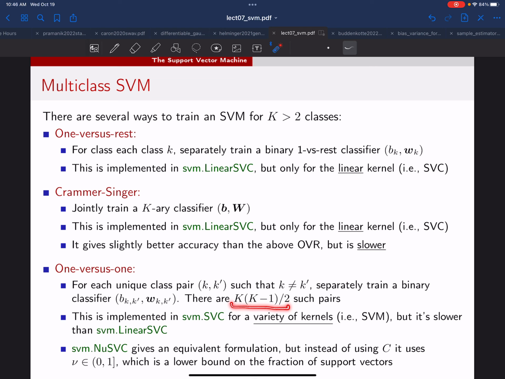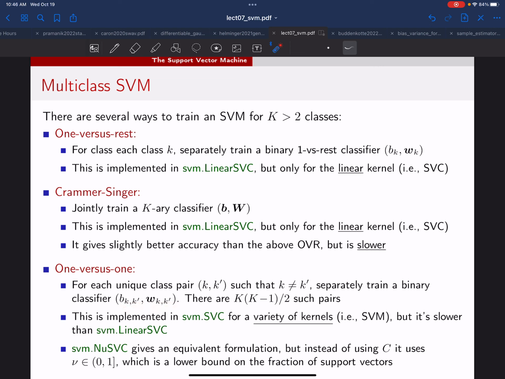It sounds like more work, but it turns out that the size of the data, when you consider only a pair of classes, is smaller. For the SVC, the complexity basically grows with the number of training samples squared. Since you have a lot fewer training samples when you work with 2 classes rather than all 10 classes, each of these little design problems runs relatively quickly.